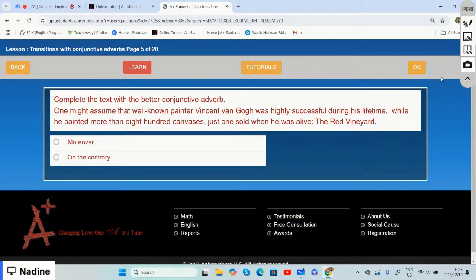So do we say moreover, or do we say on the contrary? All right, and if we were to choose the correct option, we will say on the contrary.